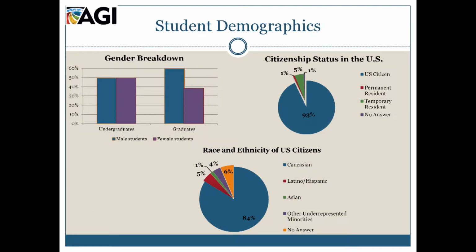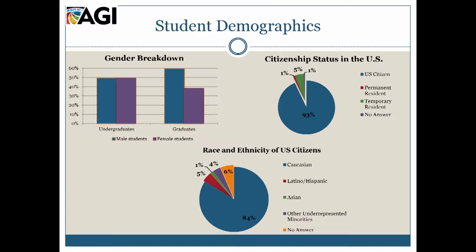To give you some demographics of our students, kind of how it broke down, the gender breakdown was right at 50% for our undergraduates, and then we had about 20% more male students than female students in our graduate population. Citizenship status in the U.S., the majority of the students that participated were U.S. citizens, but we did have a few temporary and permanent residents.